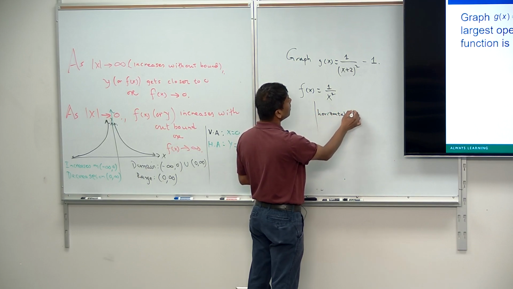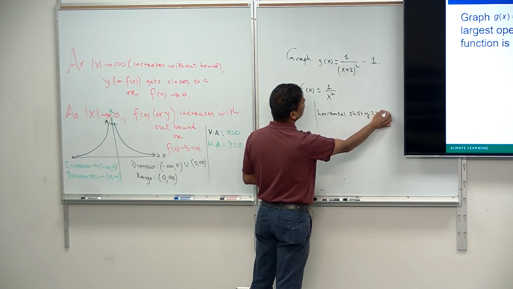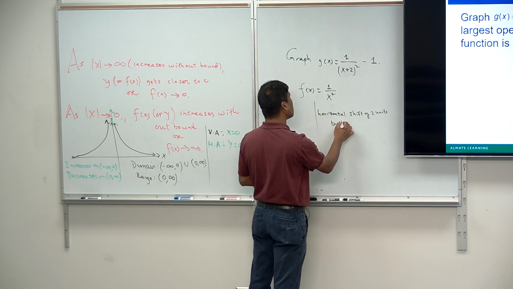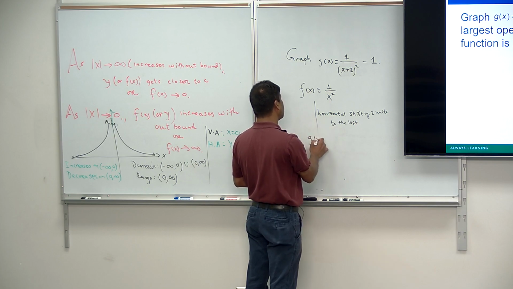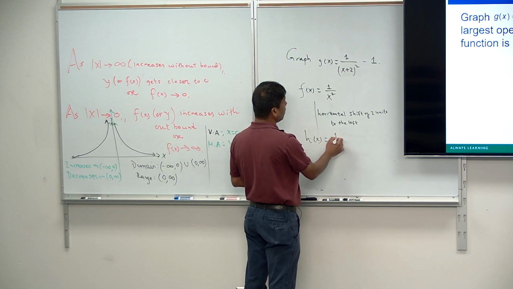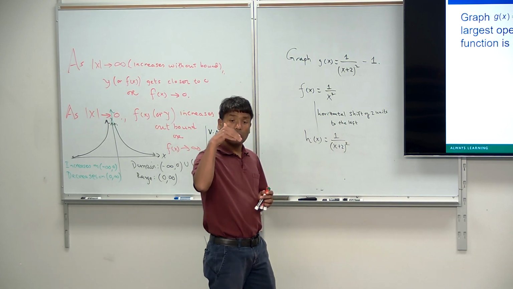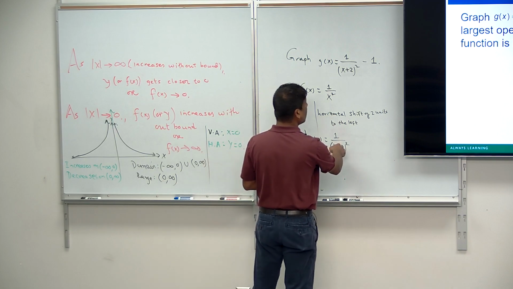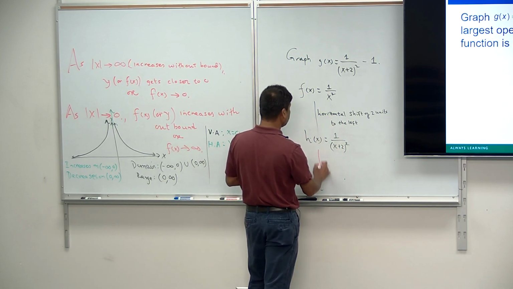That will give you 1 over (x plus 2) squared. And then a vertical shift of 1 unit down.